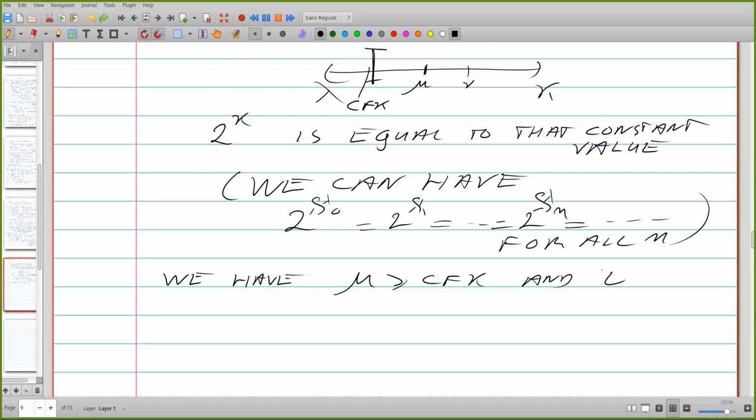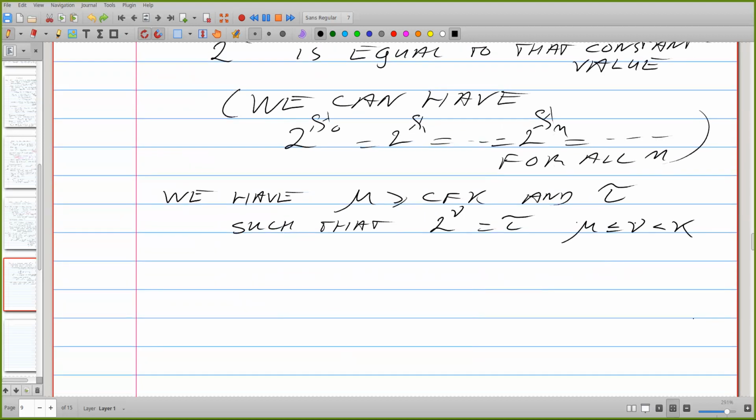Let's say there is a cardinal tau such that if nu sits between mu and kappa, then 2 to the nu is equal to that constant value tau.